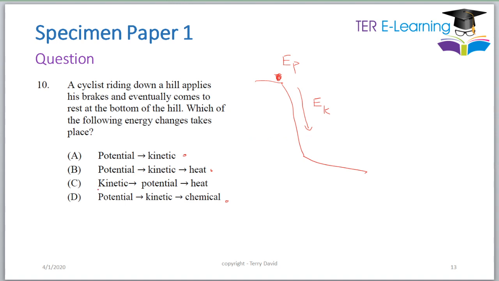So for this particular one, I will say from potential to kinetic to heat. So I would say B. The heat comes from the brake rubbing against the wheels, and therefore you're going to generate heat.